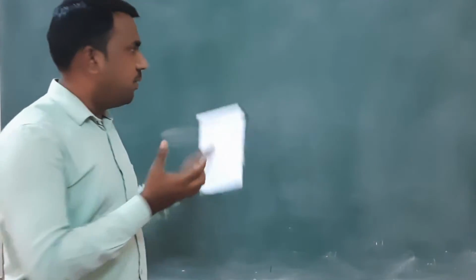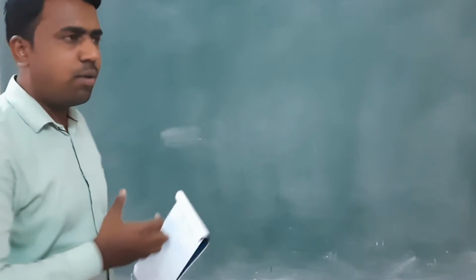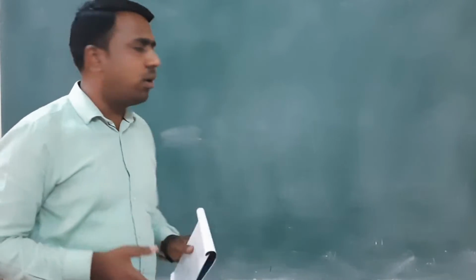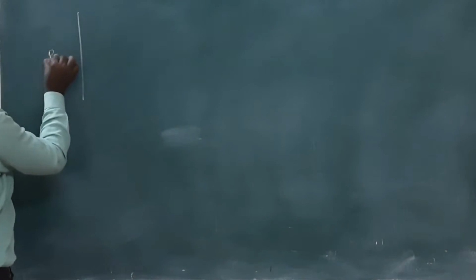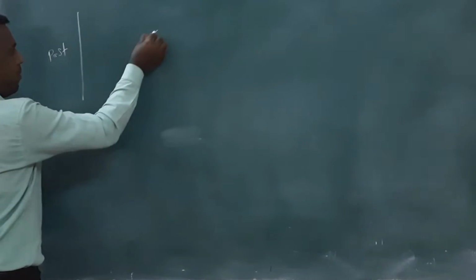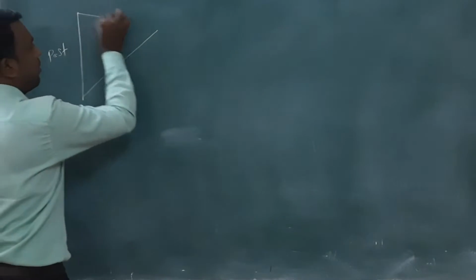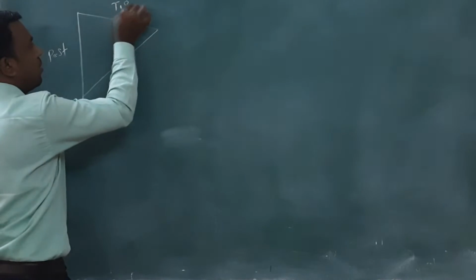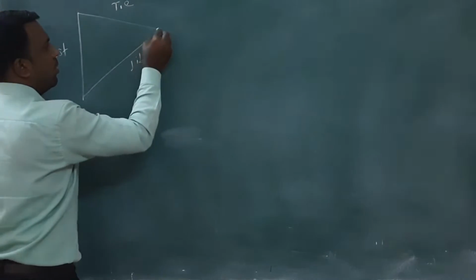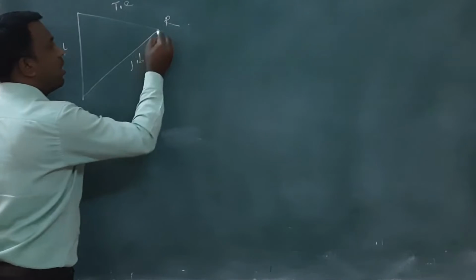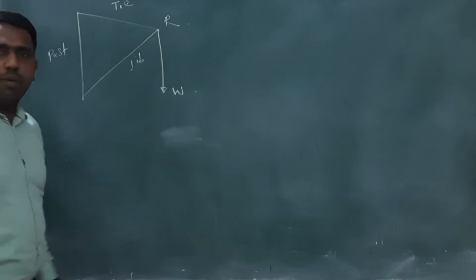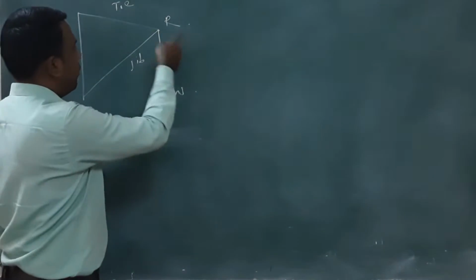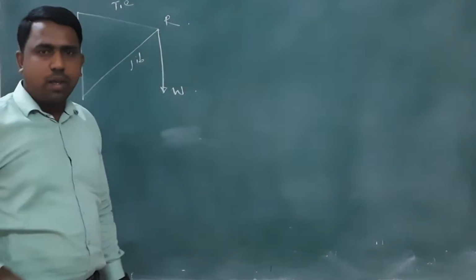Firstly we will plot the triangle which shows the forces acting on the jib, the forces acting on the tie, and the load W. The vertical member is the post, this inclined member is the jib, and this member is the tie. This is the point R, and here the load W is acting in the downward direction. When W acts here, it gets distributed in the jib and the tie.